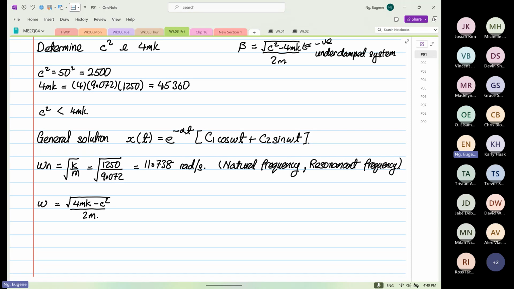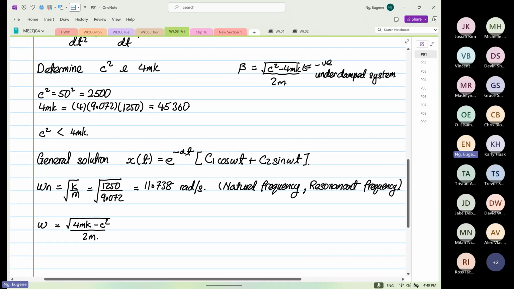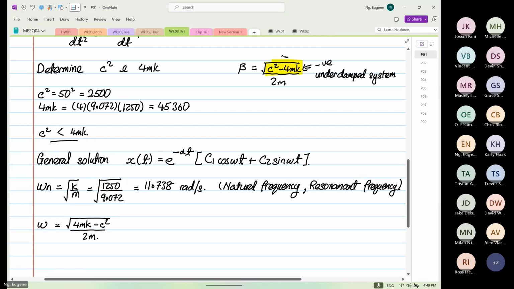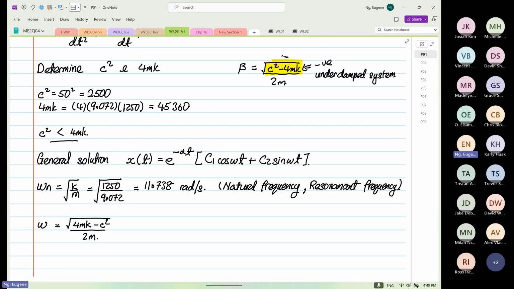Right, Eugene, where did this come from? Remember, when we discovered that c squared is less than 4mk, we know that this is not a possible solution, right? A square root of a negative number is not possible. So what we do is we flip it over, yes or no? Then it becomes positive, then it's a possible solution.